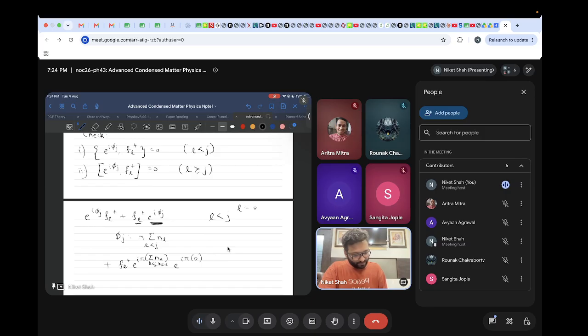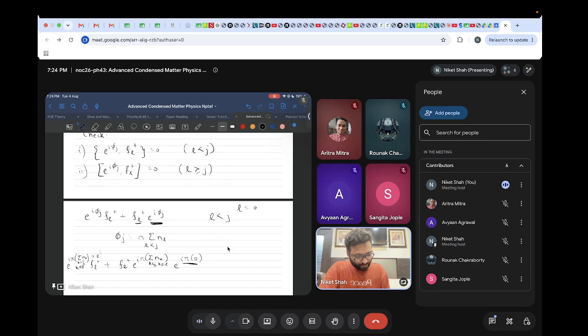Right? Plus there is an FL dagger here, and this e raised to power I phi j becomes e power I pi sum over nk, k less than J. I don't have to separate this out because this won't be 0 anymore, but nonetheless let me separate out for clarity.